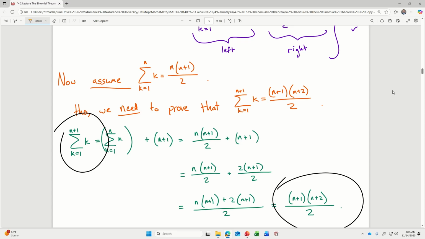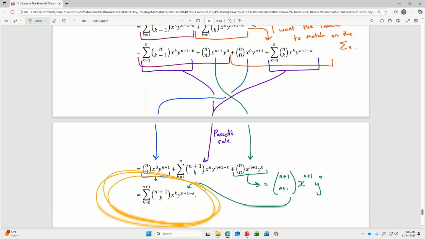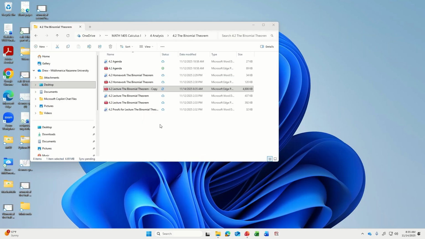But if it's a really, really long one where I have it typed out, like this one is actually typed out on my notes, I'm not going to make you recreate this on a test. We'll just read it together in class and we'll try to understand it, because I think that's an important skill, to be able to read and understand a proof, even if you can't memorize it.